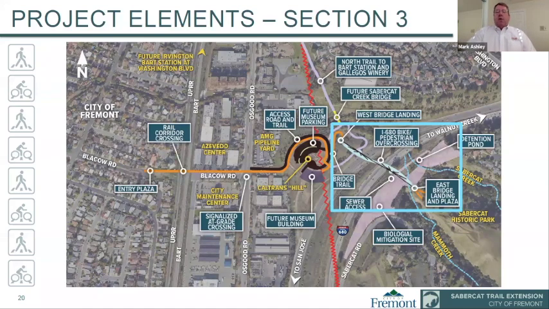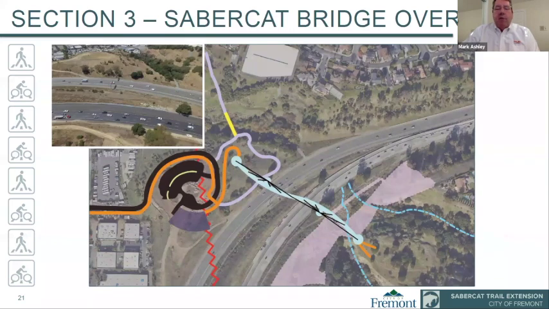The third section here is the overcrossing, and so this will be the structure going over 880 and providing continuity across either side. As Rajiv mentioned earlier, on the east end there will be a plaza-type area.